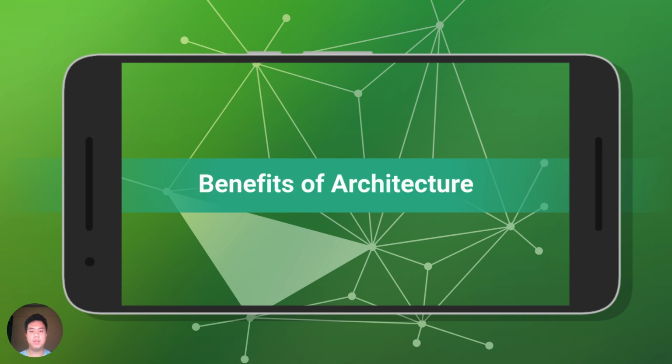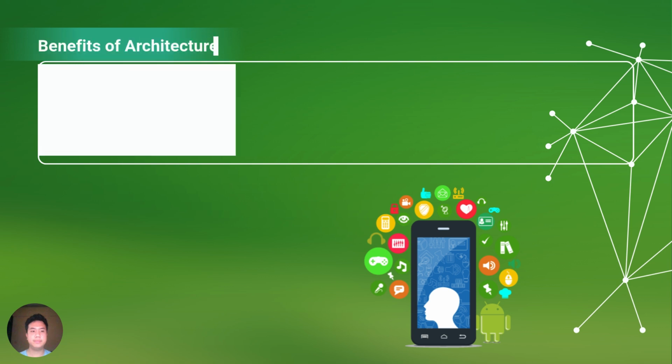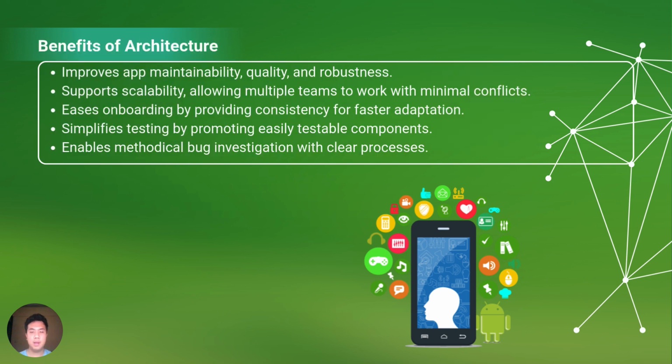What are the benefits of the architecture? It improves the maintainability, quality, and robustness of the overall app. It allows the app to scale. More people and more teams can contribute to the same code base with minimal code conflicts. It helps with onboarding, as architecture brings consistency to your project.